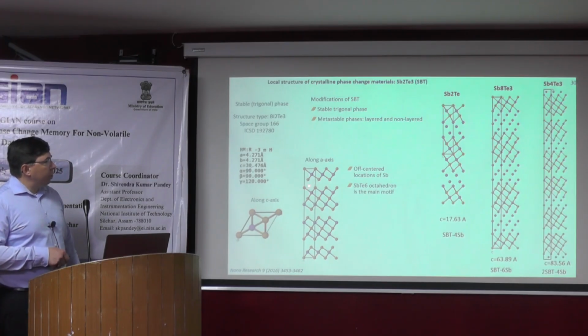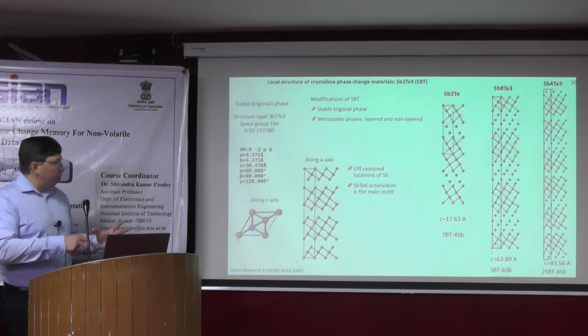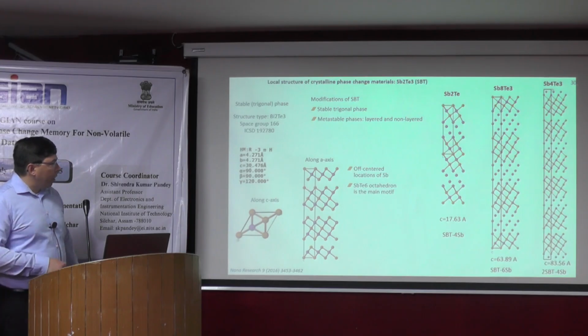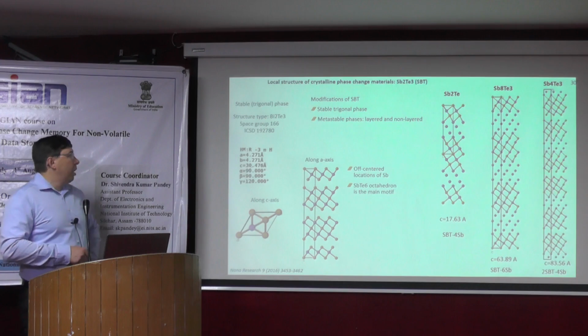It consists of building blocks consisting of 3 tellurium layers, so they form one so-called quintuple layer here. The main structural motif is octahedral, and in between there are van der Waals like steps.